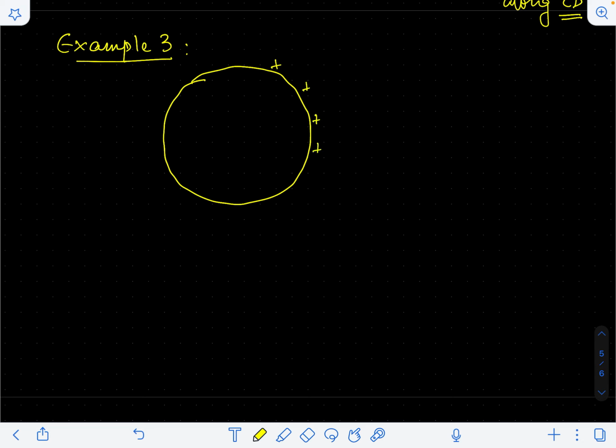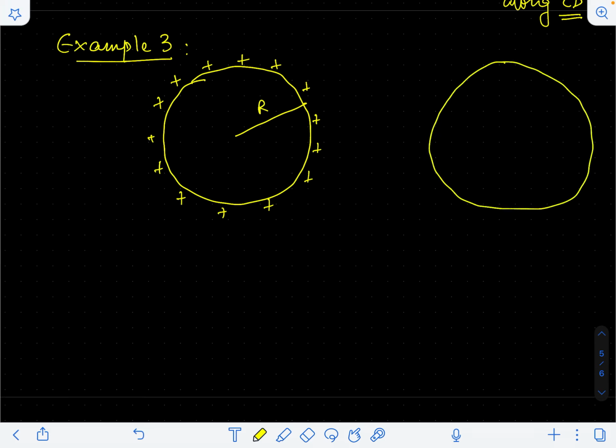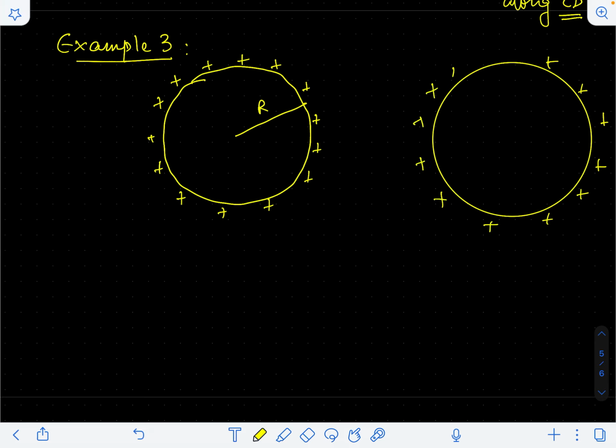So there is a symmetrical, positive charge distribution. Okay, and here the radius is r, and one more object, again there is some symmetrical charge distribution on the sphere. So we have two objects, again with radius, let's say r.